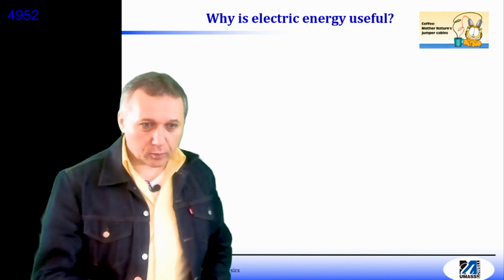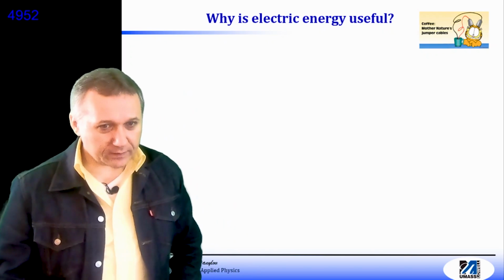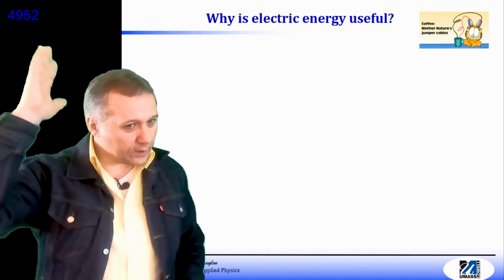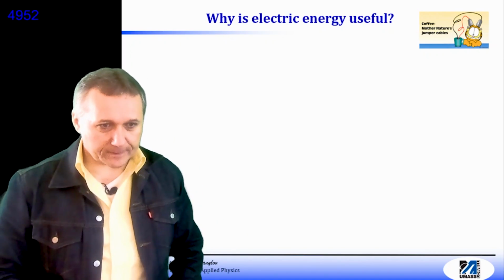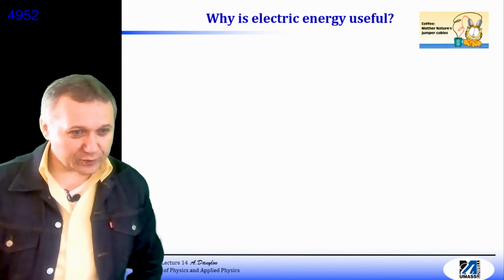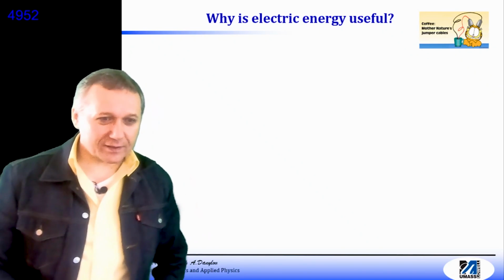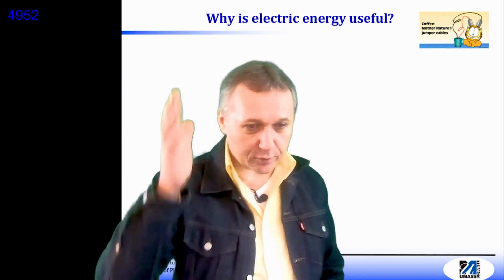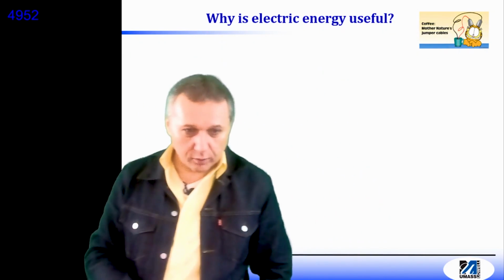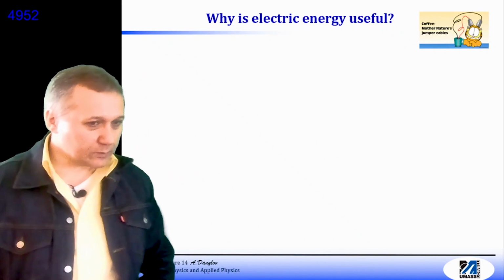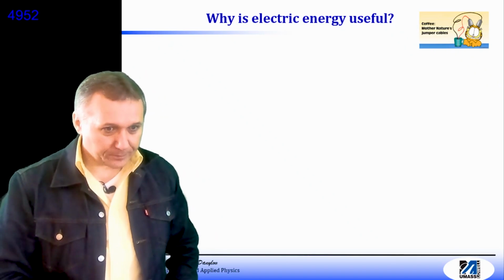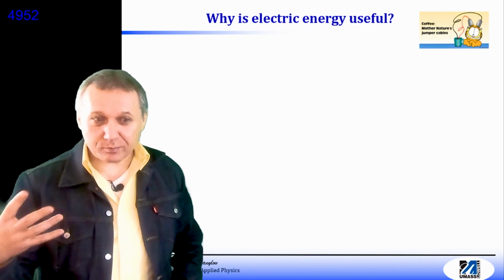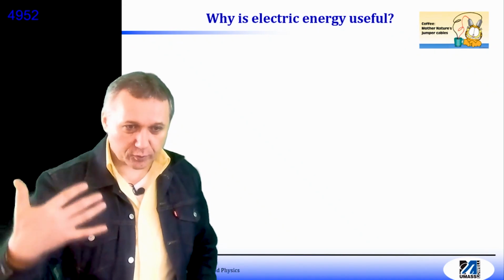But electric energy, especially AC, can be transported over thousands of kilometers, especially when we switched from DC to AC at the beginning of the 20th century. So now when we use AC, it can be transported over long distances with small losses. So the first reason why we use electric energy is that it's easier to transport over long distances.